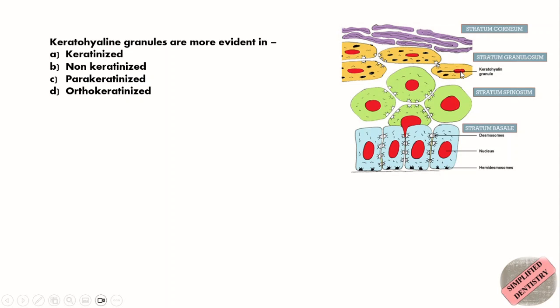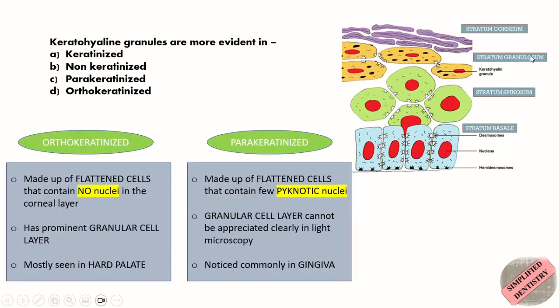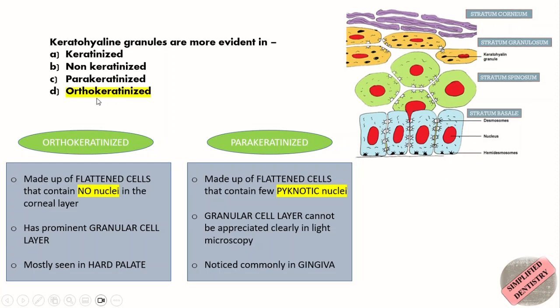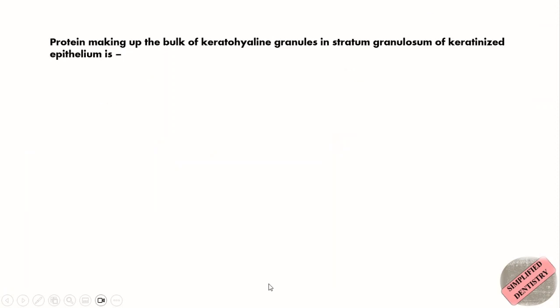And the keratinized epithelium can be either orthokeratinized or parakeratinized. In parakeratinized epithelium, the stratum granulosum cannot be appreciated clearly. So, the answer will be option D, that is orthokeratinized epithelium, which has the prominent granular cell layer, that is, it has prominent stratum granulosum. So, the answer is option D, orthokeratinized. Keratohyaline granules are more evident in orthokeratinized epithelium.